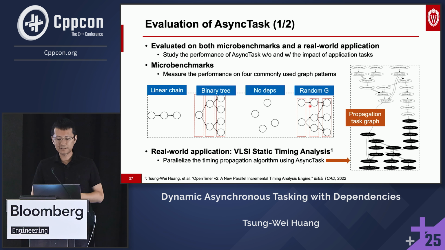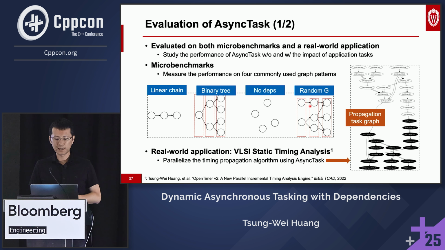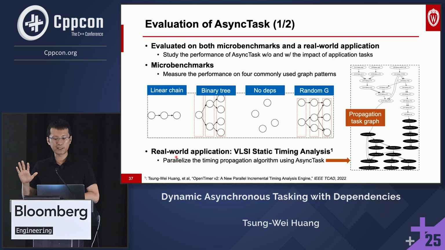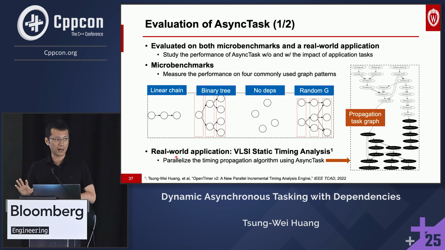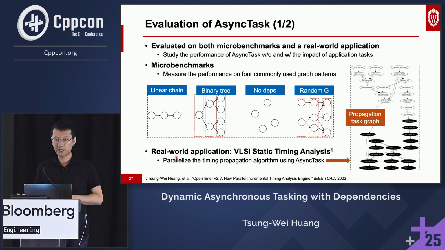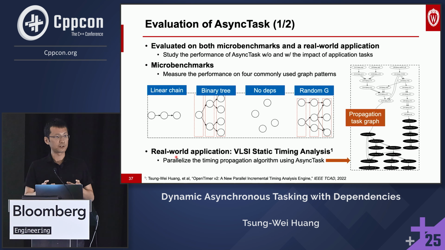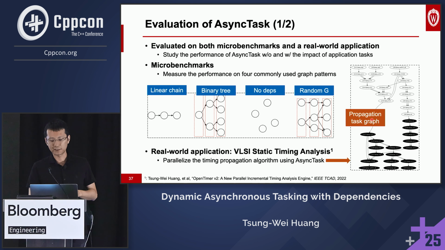Random graph: tasks have dependencies assigned randomly and arbitrarily, representing irregular workloads. In terms of the real-world application, we use AsyncTask to implement a task parallel static timing analysis application in VLSI, where we parallelize the timing propagation algorithm using AsyncTask.